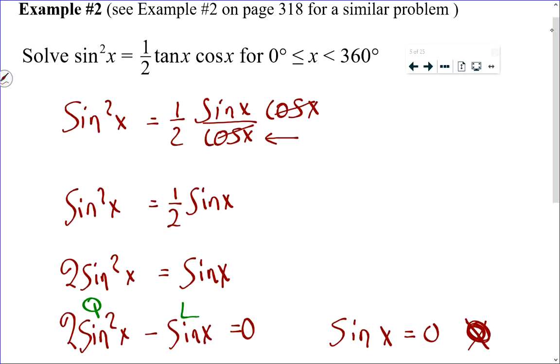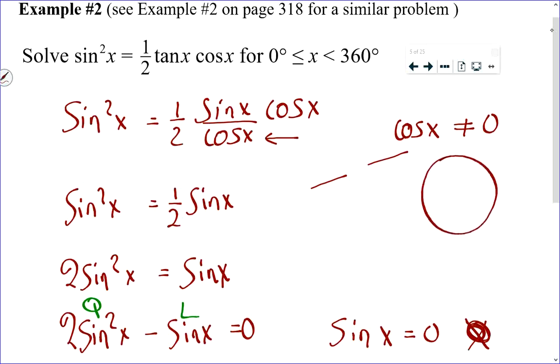Cosine of x would never be allowed to be 0. So prior to me canceling that, you would say cos of x cannot be 0, and you would say, okay, where is cosine of x 0? Because those places are not answers. They can't be answers. And cosine is 0 here and here.